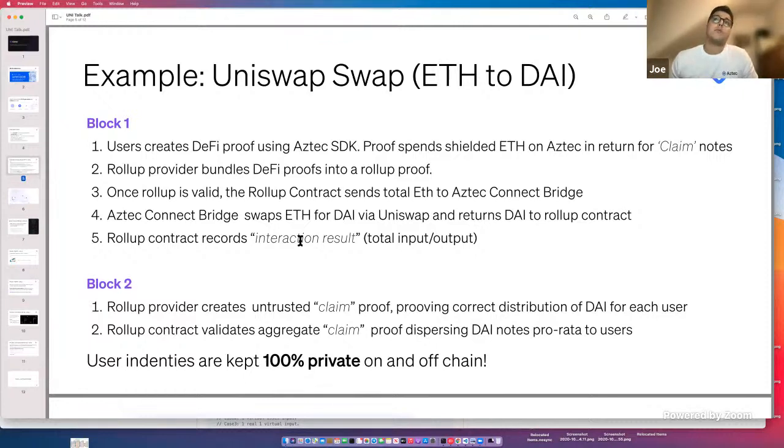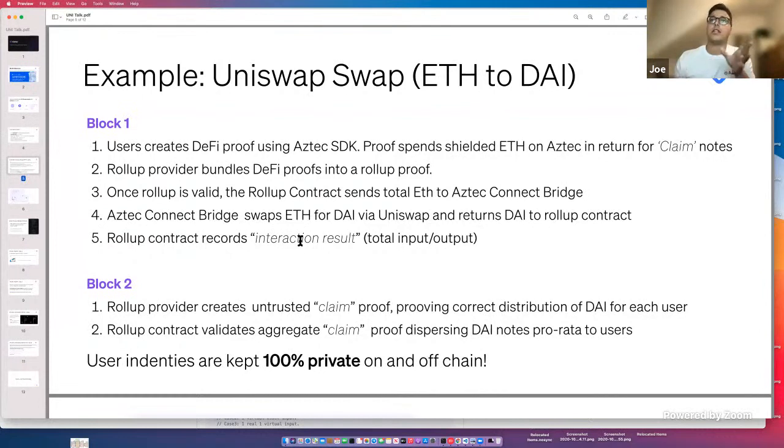And the best part about all of this is that it's completely private in terms of identities. Because the source of funds is shielded ETH on Aztec, the identity of all the users is kept encrypted throughout this entire process. All you can see on chain is that a lot of DeFi proofs were created. You can see the value in each DeFi proof, but you can't see who sent it or who it's going to.